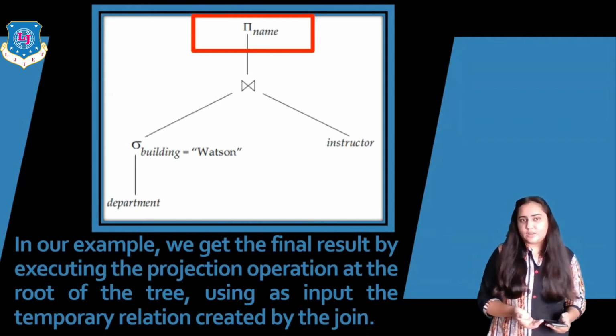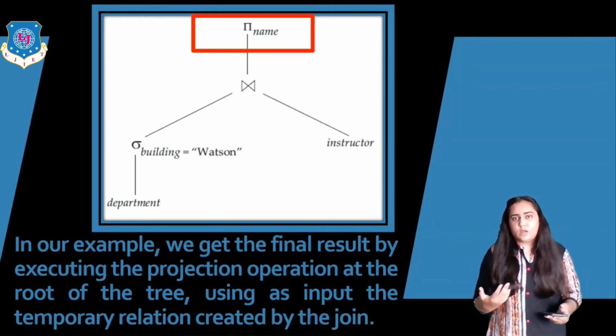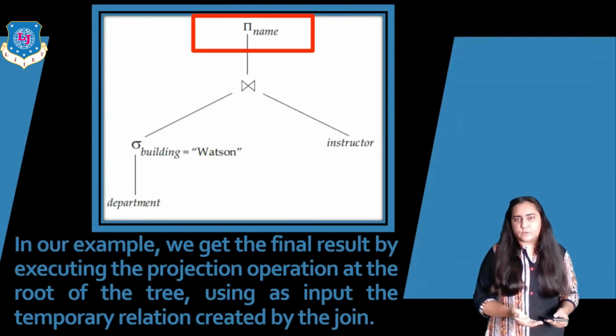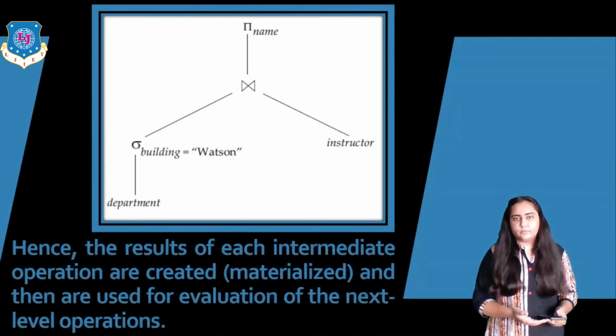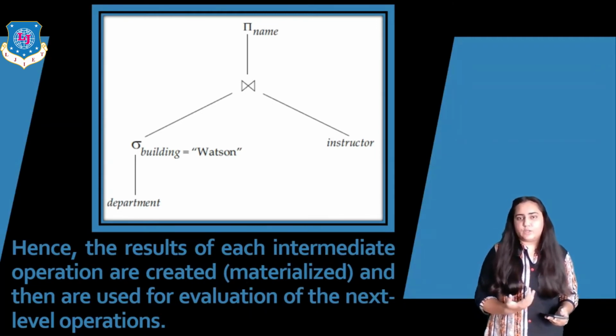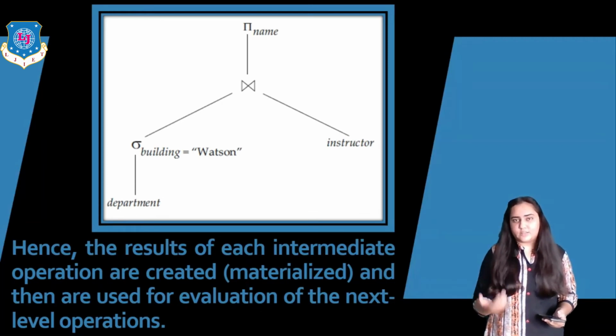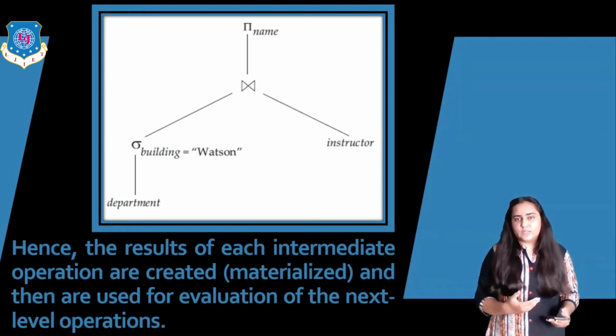And to execute that plan, we have several options, and one such method was the materialization method. So the results of each intermediate operation are created, which means materialized, and then they are used for evaluation of the next level operation. So this is the process of materialization.